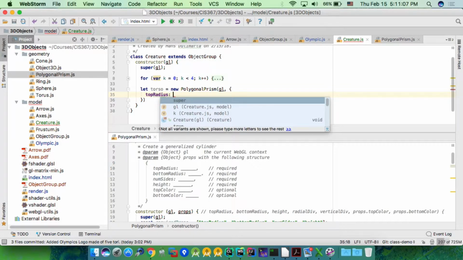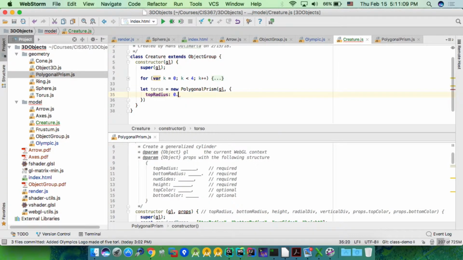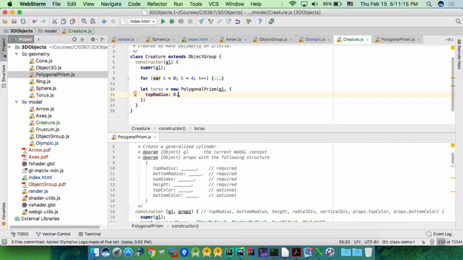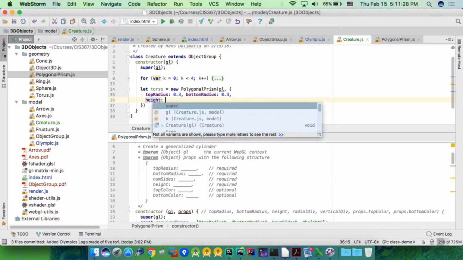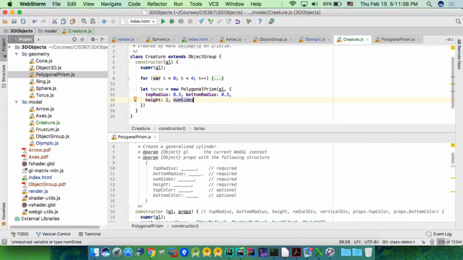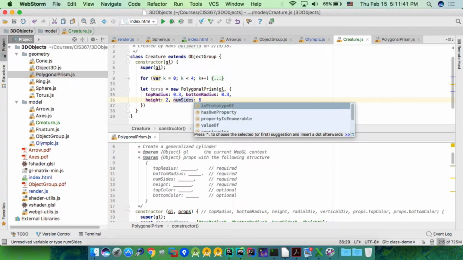What is our top radius? 0.5, 0.3? 0.3, okay, and then the bottom radius is the same. Length was 2. And then the height, 2, and what is the required parameter? Number of sides? 4. Okay, let's make it 6. Okay, so I think that's good enough.